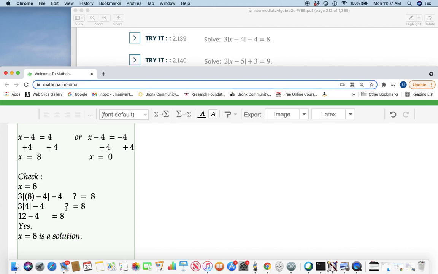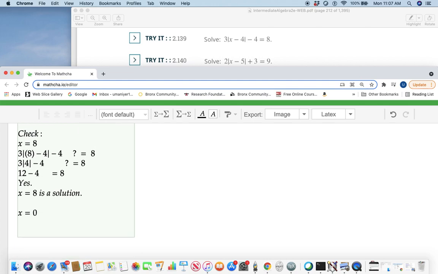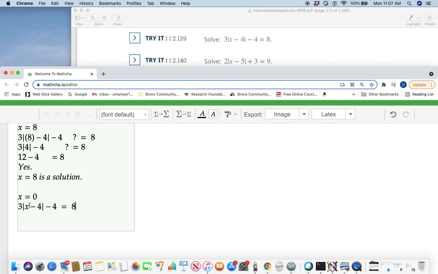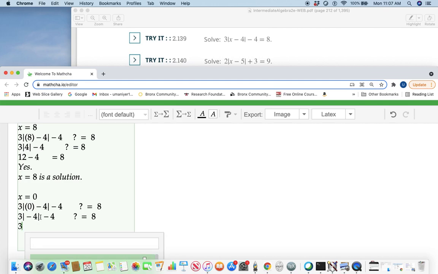Likewise, you want to check now x equals 0. We take our original equation, substitute 0. You want to check whether the left-hand side simplifies to 8. Well, 3 times absolute value 0 minus 4 is a negative 4. 3 times absolute value negative 4 is positive 4.